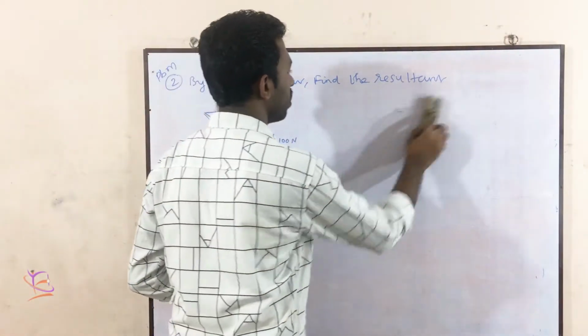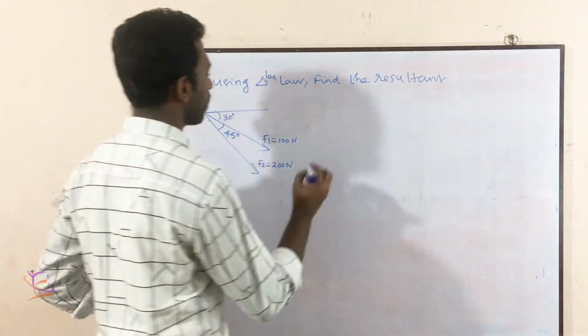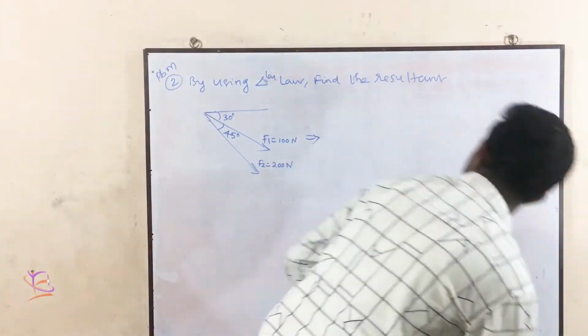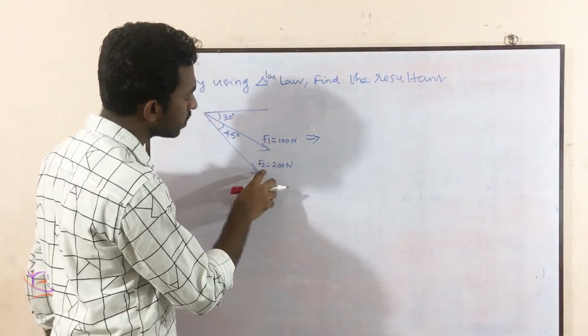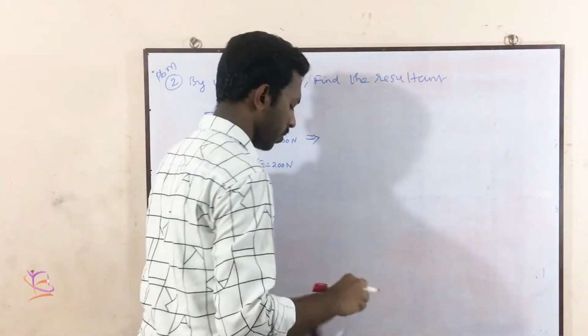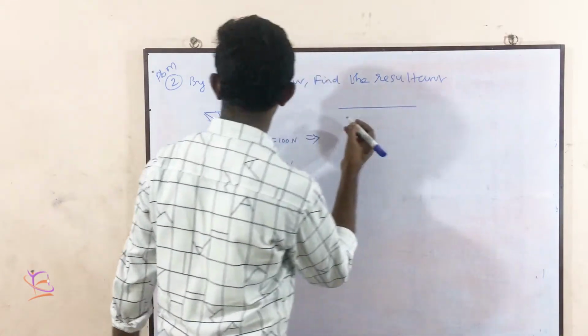So first of all, our basic duty is to redraw the diagram in a rearranged form. To make the diagram convenient for us, from the ground, this is taken as F1, this is taken as F2. I have to draw F1, no problem. Only F2 we are going to rearrange.